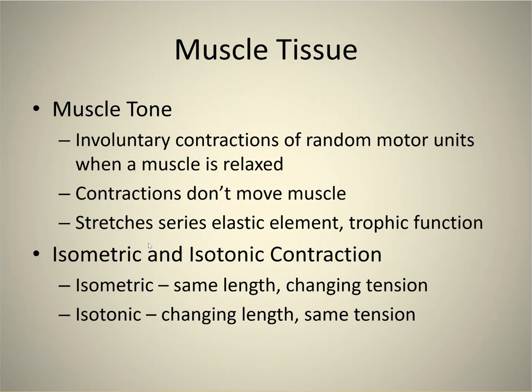So if you want to move something immovable, this will be an isometric contraction. The muscle changes tension, gets stronger and stronger, trying to move this thing, but it doesn't get shorter. Isotonic is what usually happens. It's changing length, same tension. You need a certain amount of tension to lift an object. You get that tension and you pull it up and your muscle shortens.